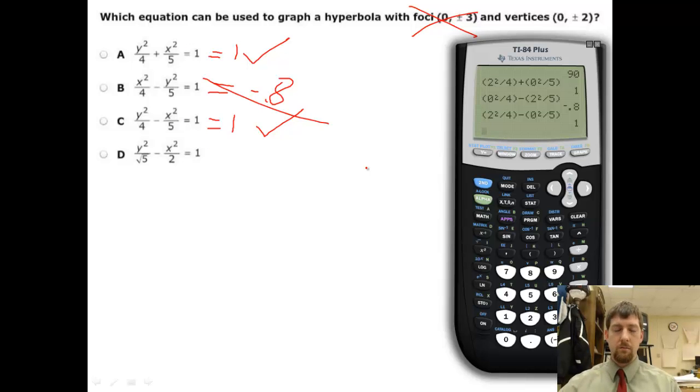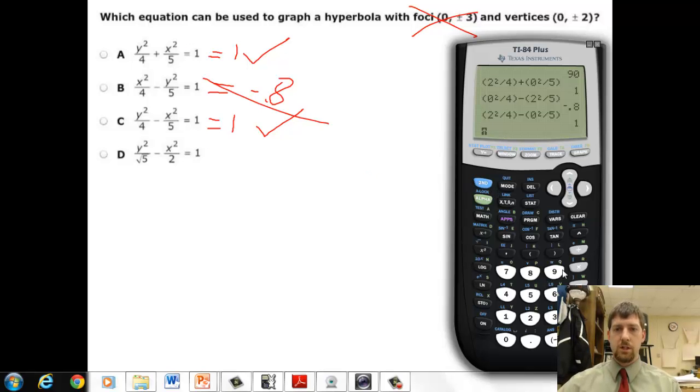So I've got 2 of them that equaled 1 like they're supposed to. So that's good that we went and checked the other ones and didn't just jump on the first one, because it could be choice C. And let's check choice D, see if it works also. Y squared, that's 2 squared. Remember, y was from right here. Over the square root of 5. So square root, second square root, and then I need to insert a 5.